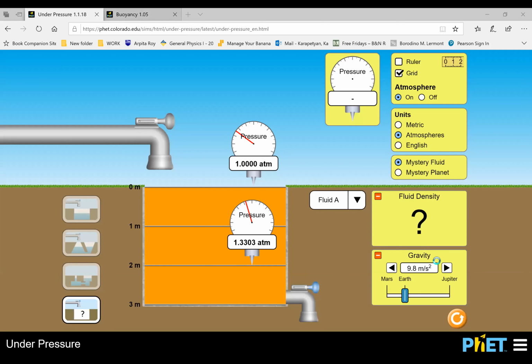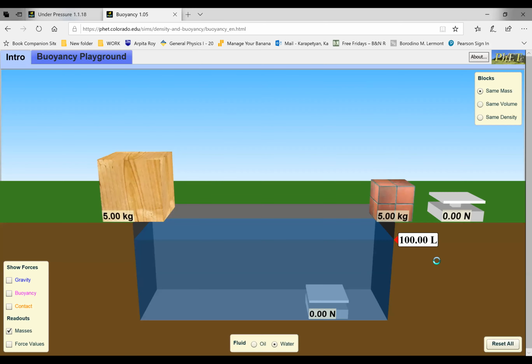So we're going to go back to the simulations, but this time I have a different one for the buoyant force. Here's what we get. I have two objects, a block of wood and another block that is basically concrete. Both of them are 5 kilograms.